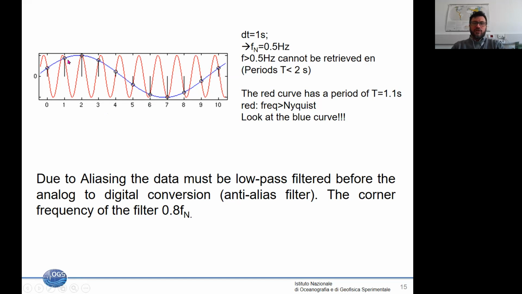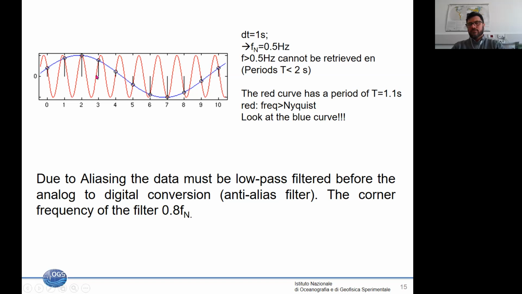If I take too low a sampling rate, my sinusoid has a higher frequency than 1 hertz, and if I sample at 1 hertz, when I retrieve the digital signal I will not be able to retrieve the original red one, but I will have a signal like the blue one.